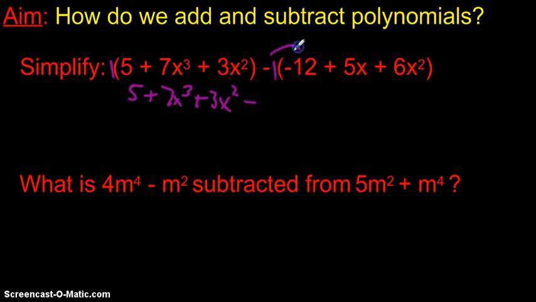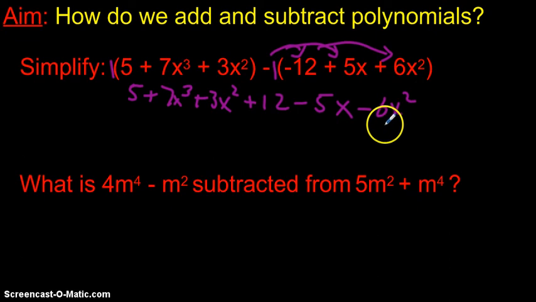So this is negative 1 times negative 12, negative 1 times 5x, and then negative 1 times 6x squared. So that will become, two negatives make a positive, so that is positive 12. Negative positive, that will be negative 5x, and negative positive, that will be negative 6x squared.